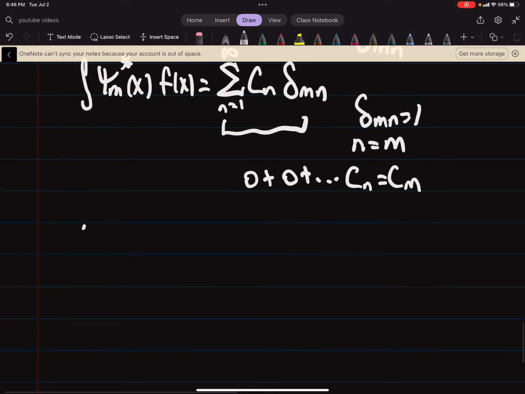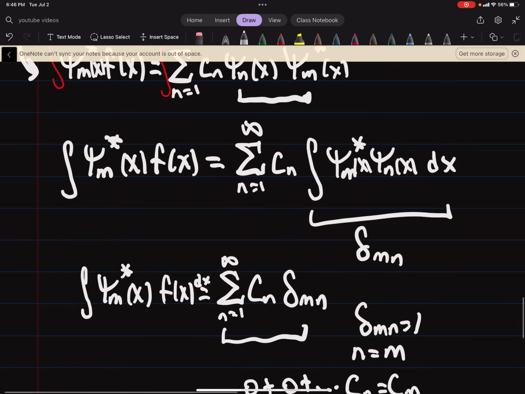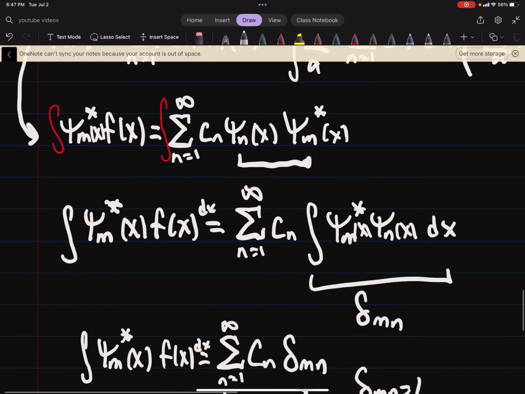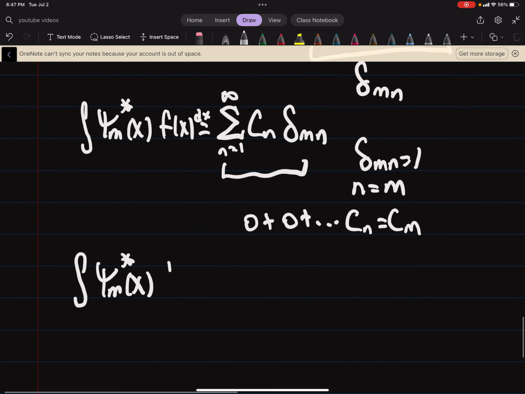So then you can rewrite this integral, should have been a dx there, it's okay. It's going to be 0 plus 0 plus 0 plus 0 plus c sub m. Okay?